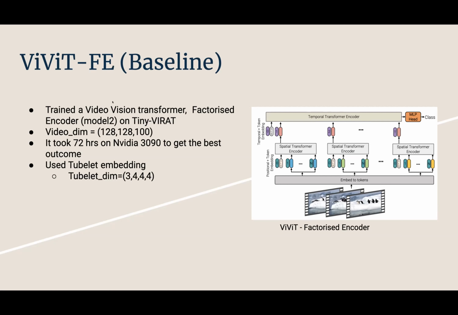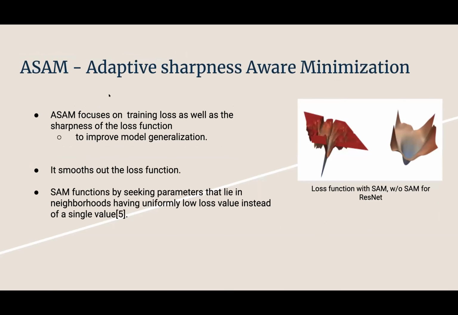So we trained ViViT on the Tiny VIRAT V2, and the video dimension was 128 by 128 by 100, and the tubelet dimension was 3, 4, 4, 4.